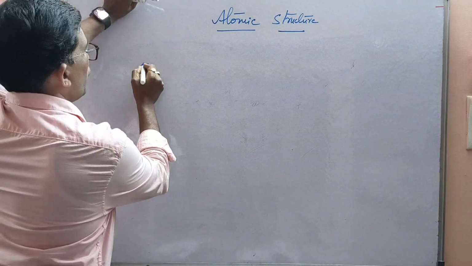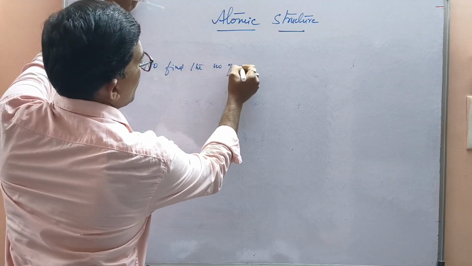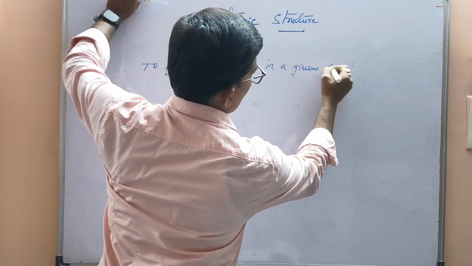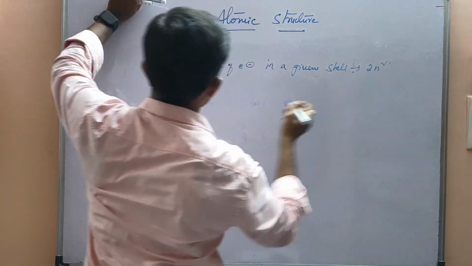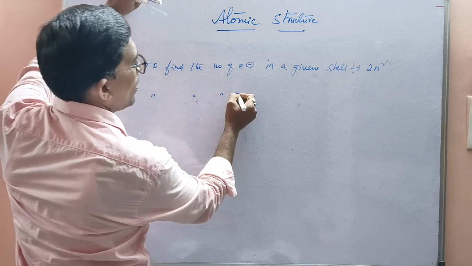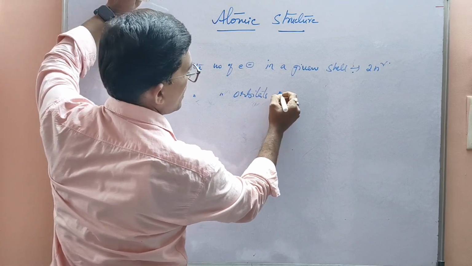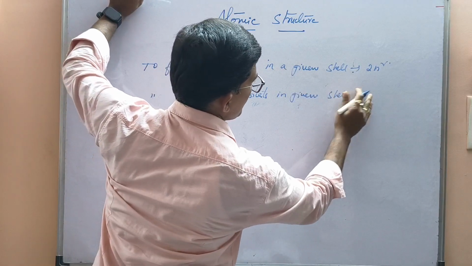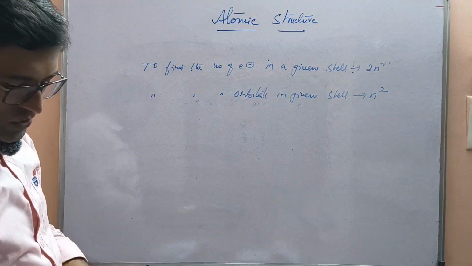To find the number of electrons in a given shell, we can use the formula 2n square. Whereas to find the number of orbitals or subshells in a given shell, we can use the formula n square.